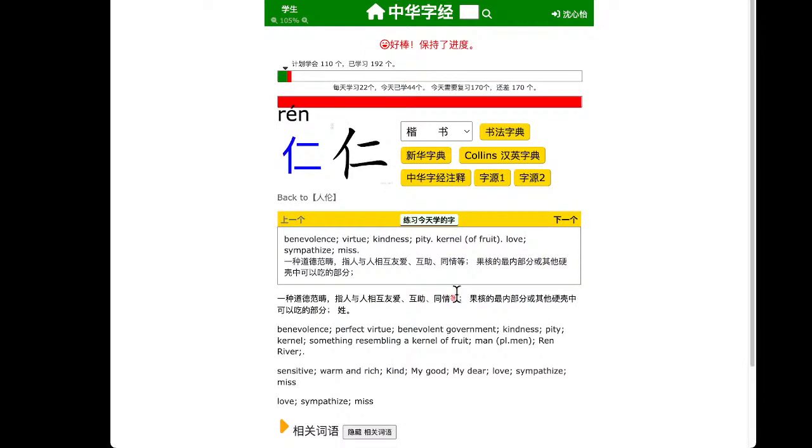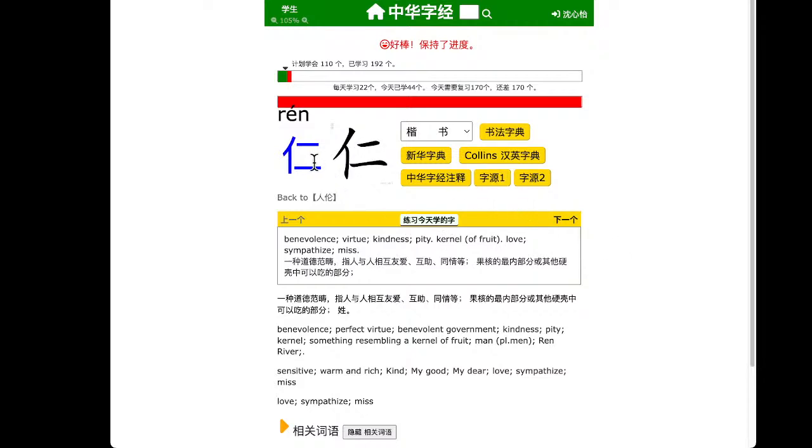人 is a pretty abstract concept referring to just general human virtues. Being good to others and holding them in esteem, kindness, love, and humanity, like being humane and sensitive to other people. Look at the character, right?